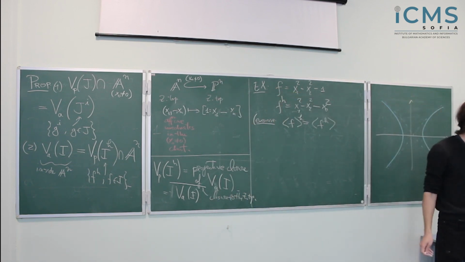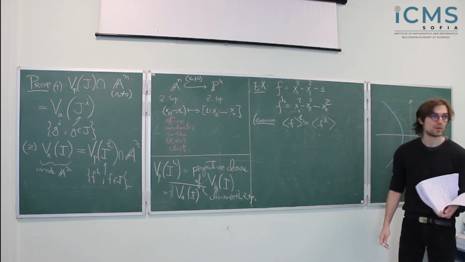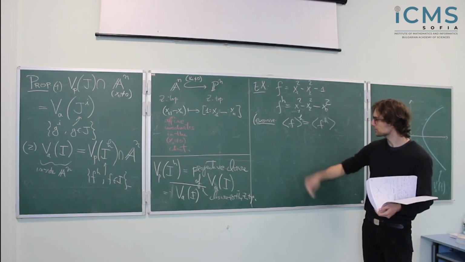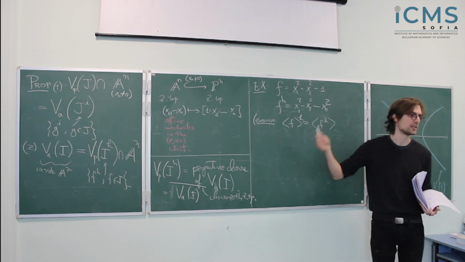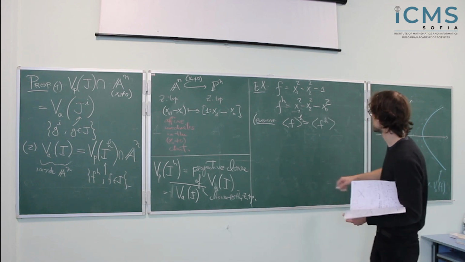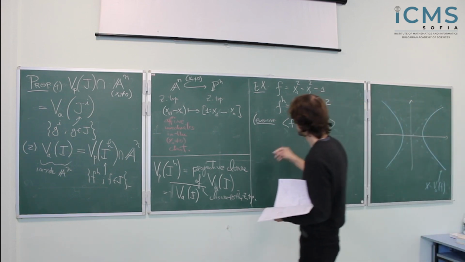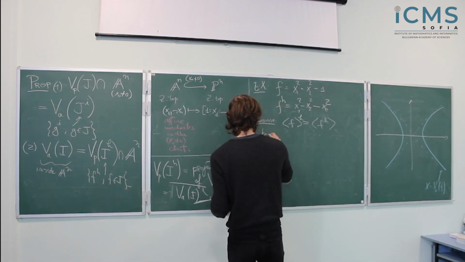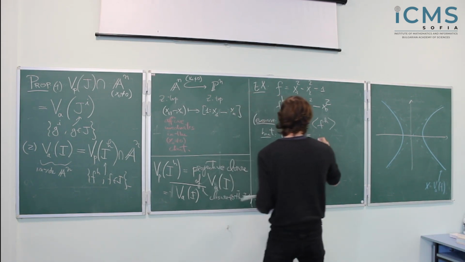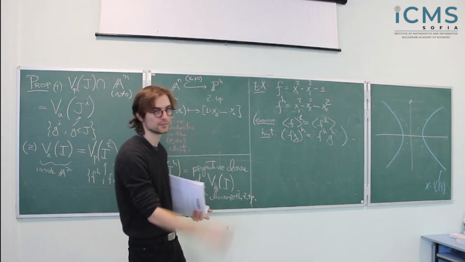In fact, if you want to know how to compute the homogenization, you need to go to Grobner bases. If you have a Grobner basis, then indeed you can pass to the homogenization of the generators of the Grobner basis. But this is a little bit too much. For the case of one equation, this is very easy, and the hint is just that the homogenization of a product is the product of the homogenizations. So this should be basically the answer.